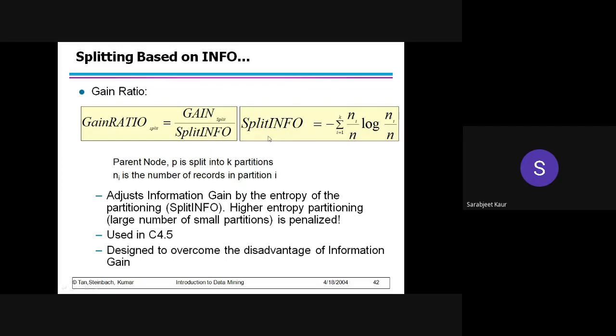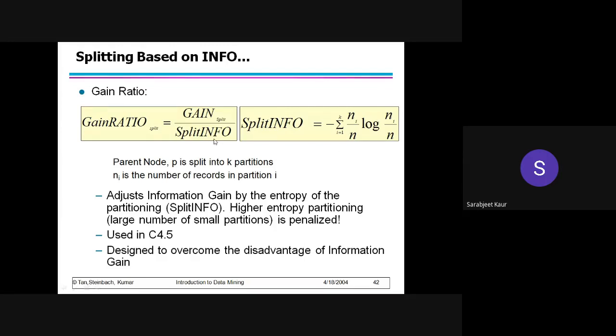And what the split info tells us, if you see, what is this Ni by N? This is a metric computed based upon the number of children of a particular node. What is Ni? Number of children of a particular node N, right? So we divide the gain. We say that this gain is not the only thing we should be looking for. When we compute gain ratio, we divide this by the split info.